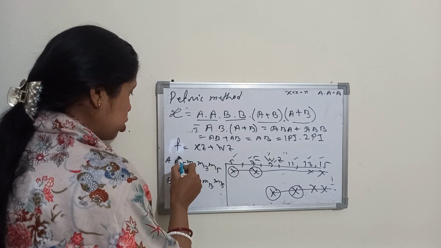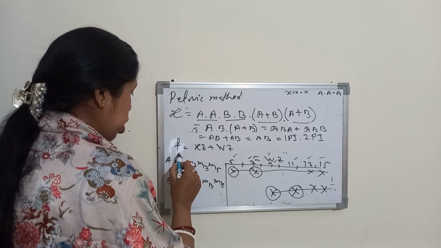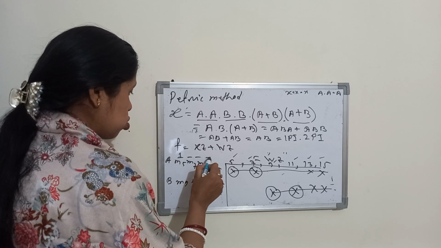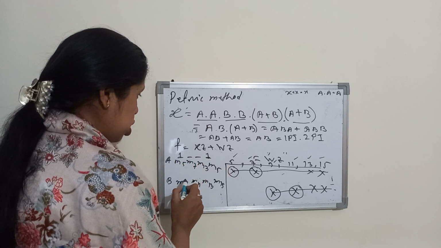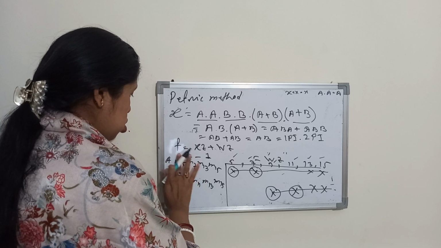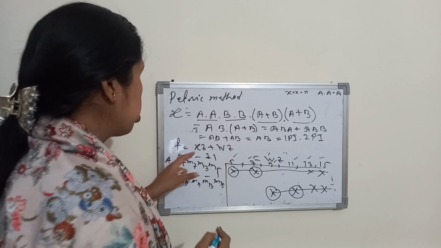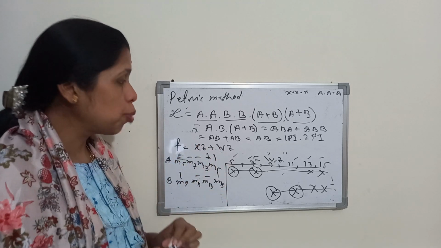A means it was dash x dash z, I suppose, 1 dash dash 1, and B is dash dash 1 1, or w dash 1 dash dash 1. So xz and yz, this is the Petrick method.